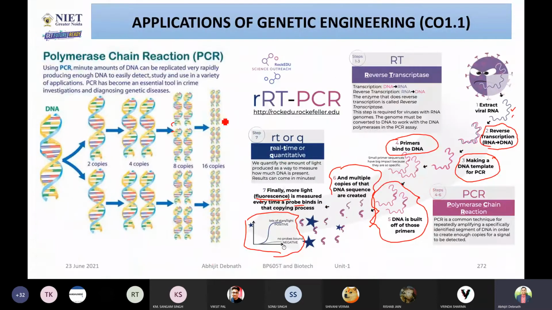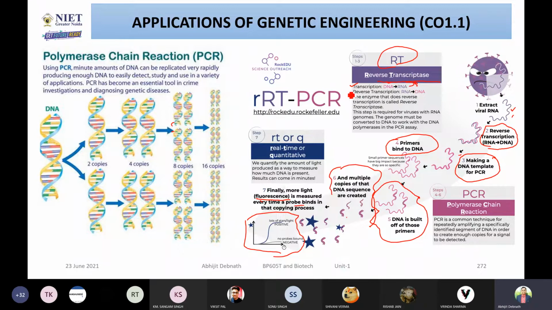But in terms of enzymology, the RT at the second step is called reverse transcriptase. Why? Because generally DNA to RNA is formed by transcription.